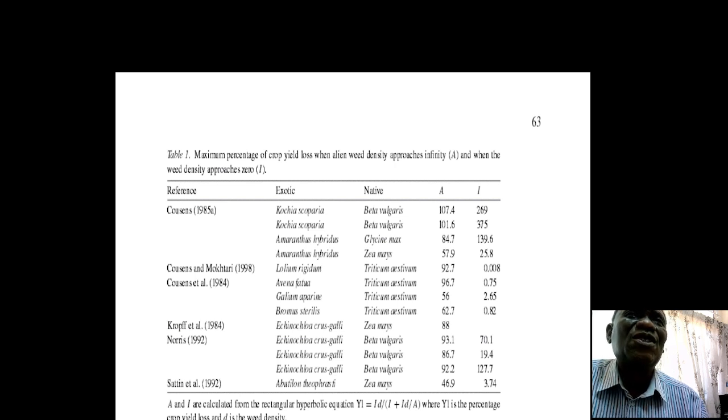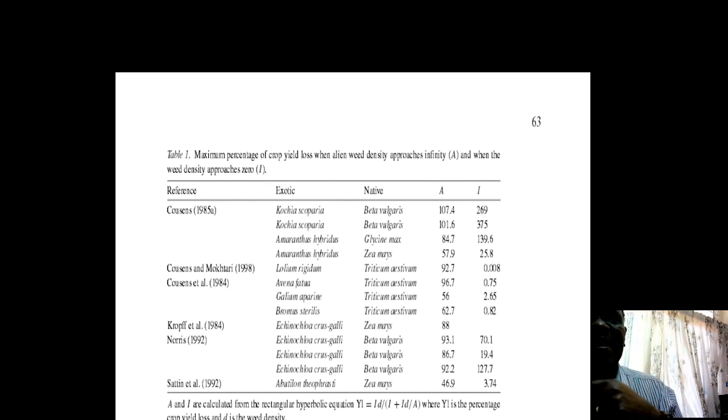So each weed has got 2 numbers which determine the competitive ability of the weed species in various crops. So we can compare those numbers and say which weed is more competitive. And down there you can see they've used the Cousins equation to come up with this kind of data.